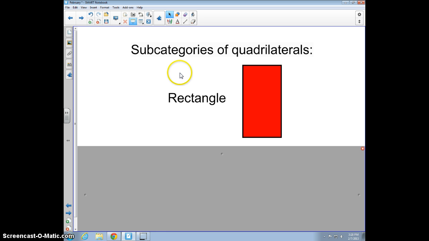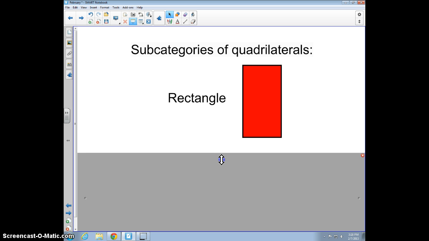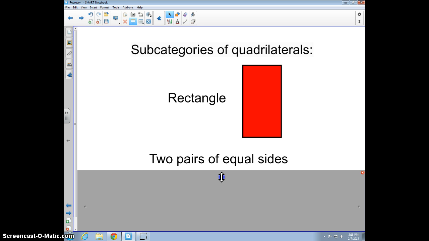The second subcategory of quadrilaterals that we'll look at today is rectangles. So the attributes that make a rectangle are 2 pairs of equal sides. So here we have these 2 sides are a pair of equal sides, and these 2 sides are a pair of equal sides.